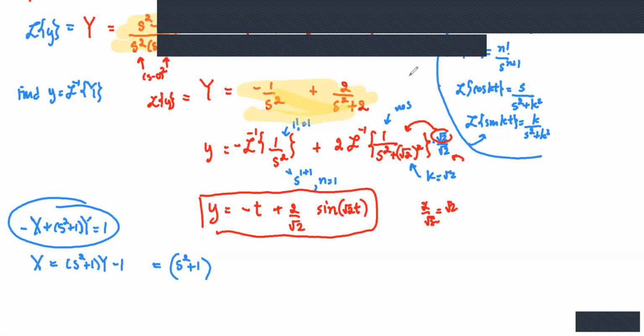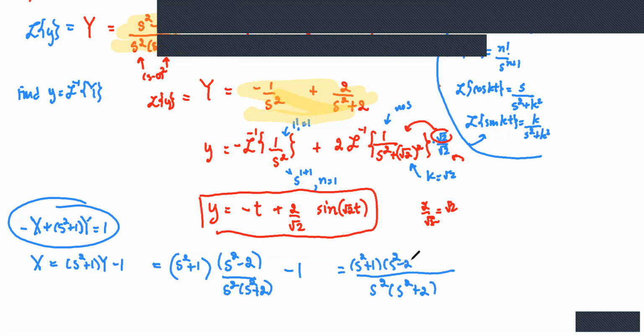I'm going to go back to the form that we did before the partial fraction, and then subtract 1. Then gather them as s squared plus 1 times s squared minus 2, and then minus 1, which is 1 over 1, so make it the same denominator.